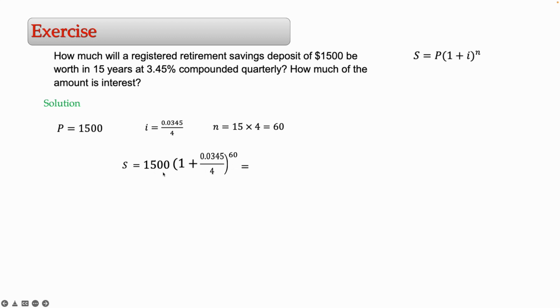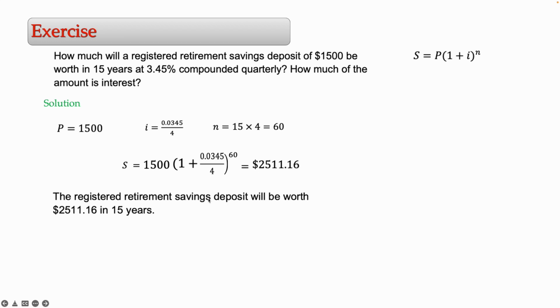So we use our calculator: 1,500, open bracket if you have a scientific calculator, 1 plus 0.0345 divided by 4, close bracket, raise to the power 60, and then press equal. I get the answer 2,511.16, rounded to 2 decimal places.